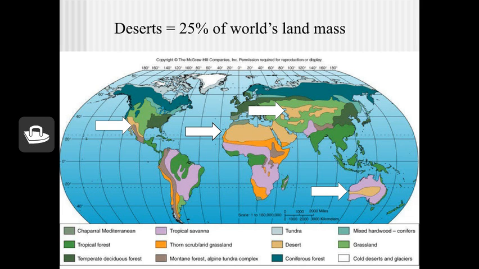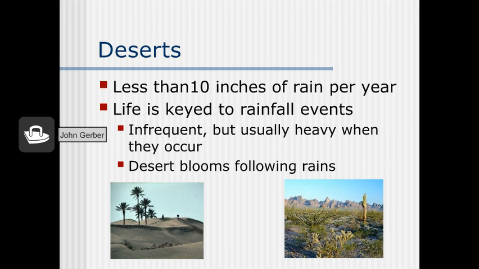Have you ever been to a desert, perhaps in the Southwest? With less than 10 inches of rain per year, there's less biodiversity in deserts than in other ecosystems. It doesn't mean, however, that there are no plants.